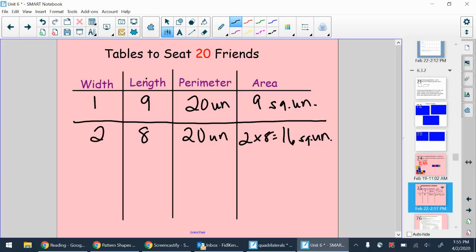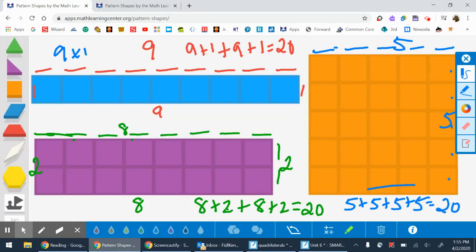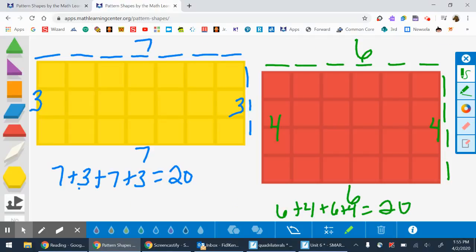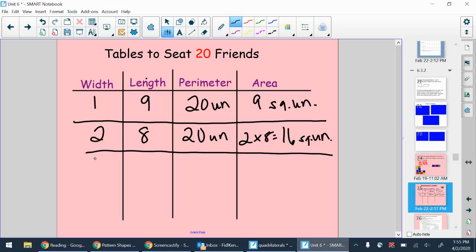All right. I'm going to come back to the orange one in a moment. I'm going to look at the yellow one next. We had a height of 3 and a length of 7. We said the perimeter was 20 units. To find the area, 3 times 7 is 21 square units.